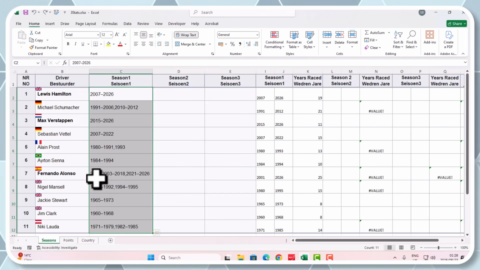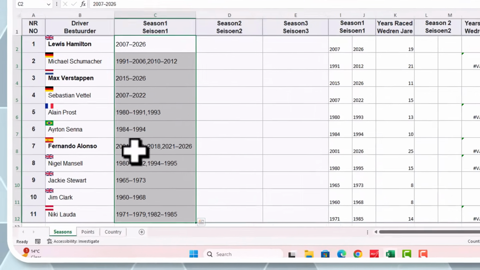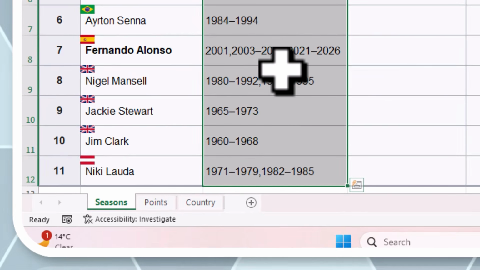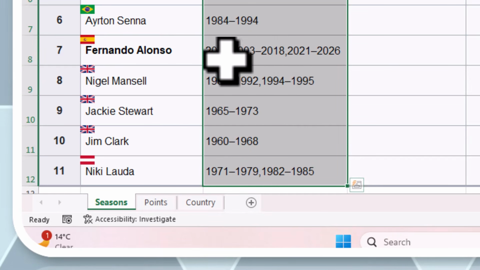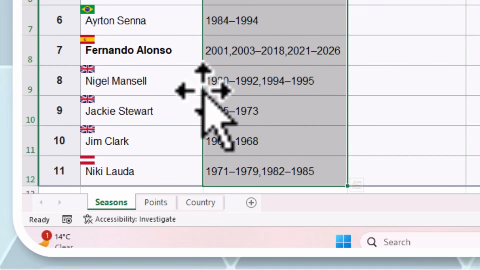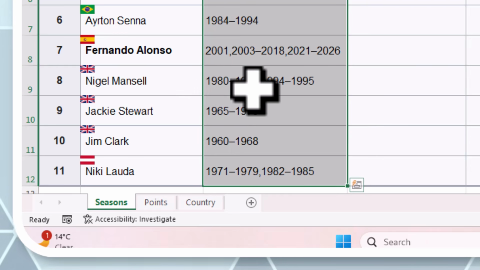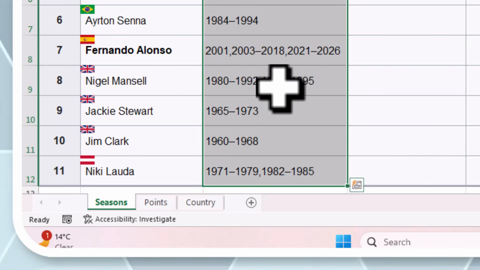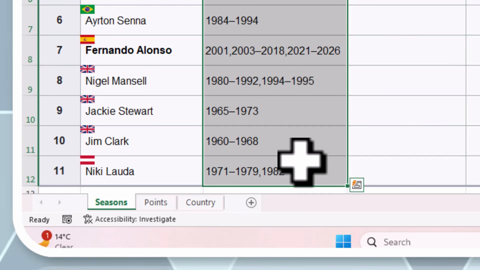Now look here, we've got 2001, comma, 2003 to 2018, comma. Can you see that? That's the separators. 1980 to 1992, then separated. Another year was 1994 to 1995. Can you see that, guys?